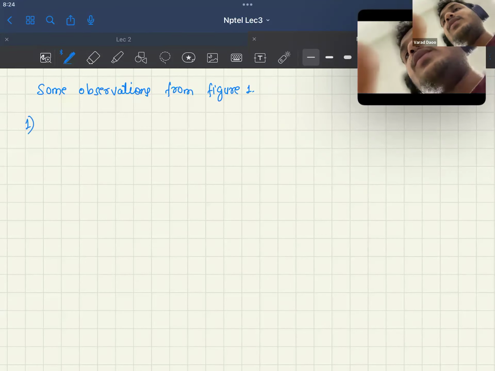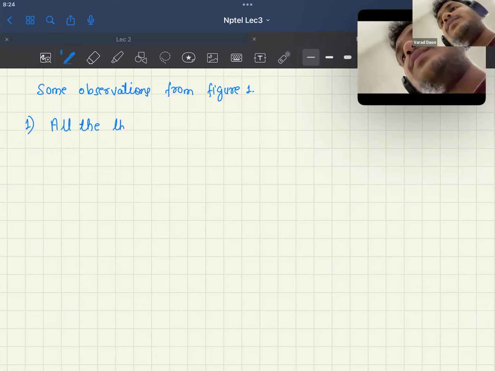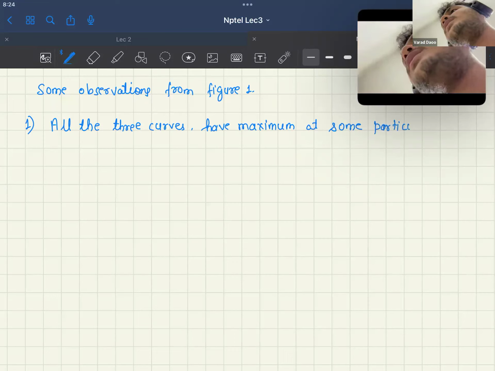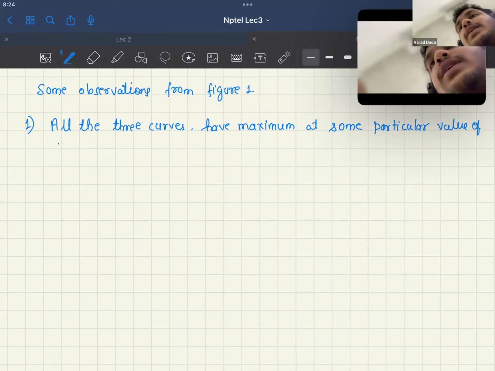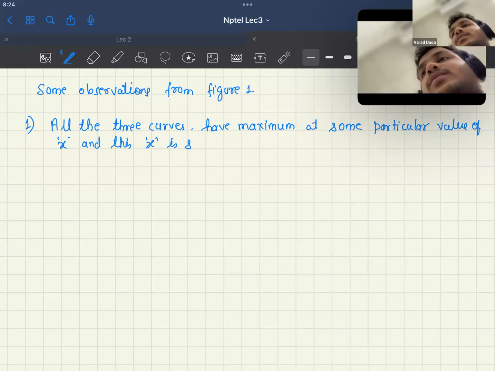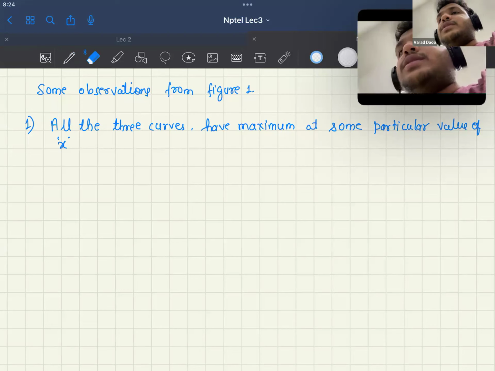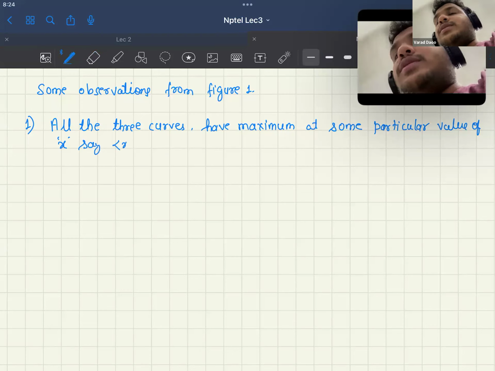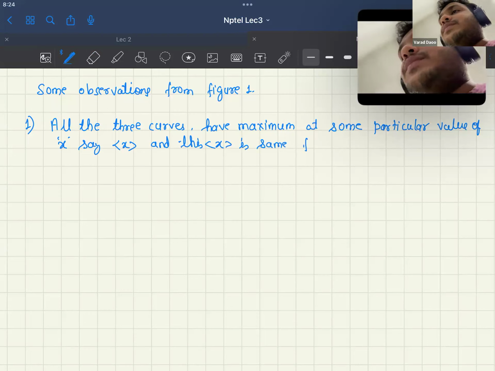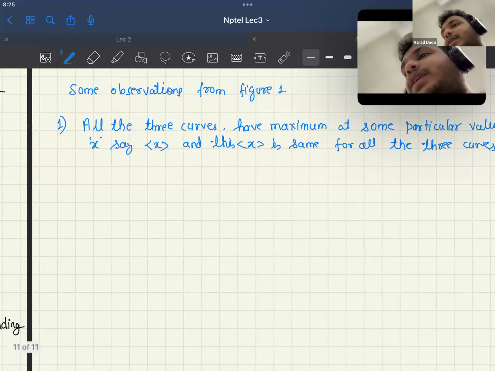All the three curves have a maximum at some particular value of x, say x bar, and this x is the same for all the three.